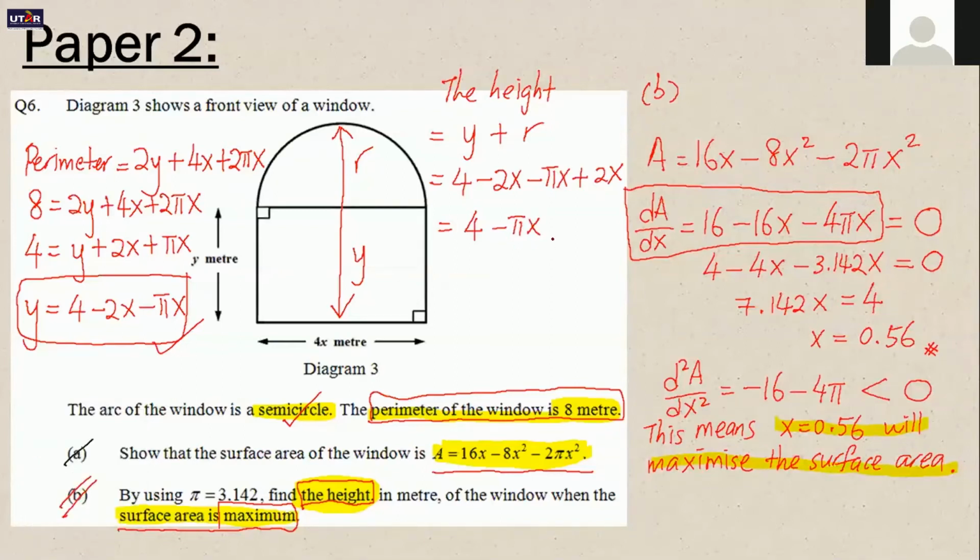So what is your x? The x value is here, which will maximize the surface area. So 4 minus pi, which is 3.142, times x, which is 0.56. Simplifying, you have 2.24. And of course, the height in meters is 4.24 meters. So this is the answer for question 6 of this paper.